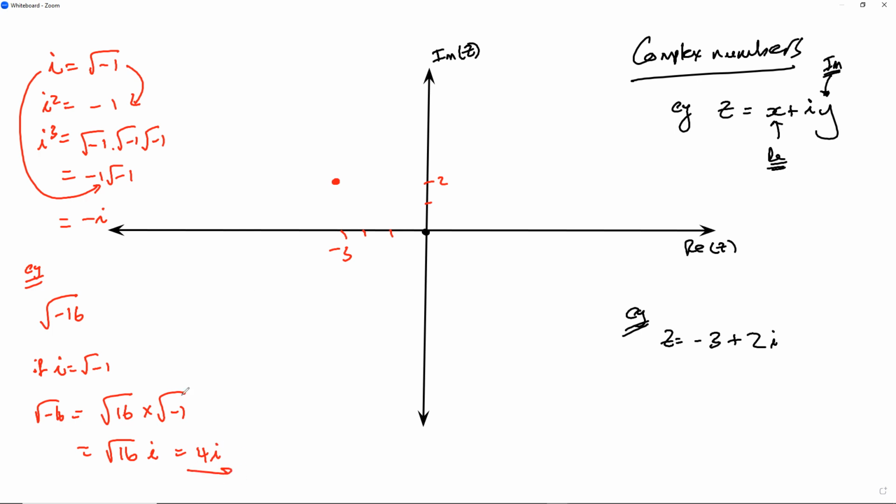And what actually is 4i? That's 3, so this would be 4 over here, and it would be that part of the imaginary axis over there.